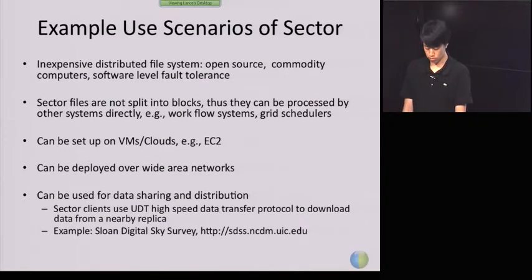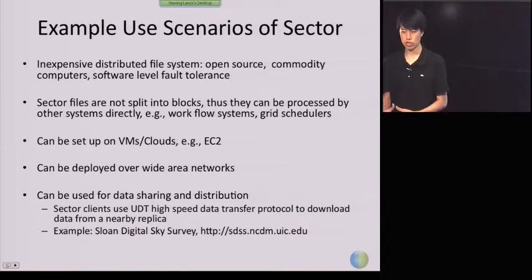Also, I already mentioned that you can use Sector for content distribution, and we're already doing that with the Sloan Digital Sky Survey application. This is an astronomy project. The astronomers take images of the universe.